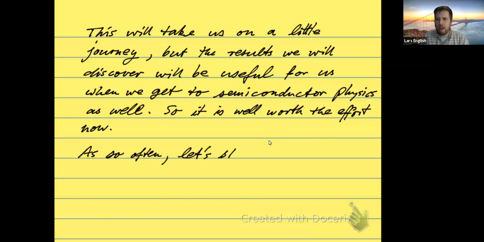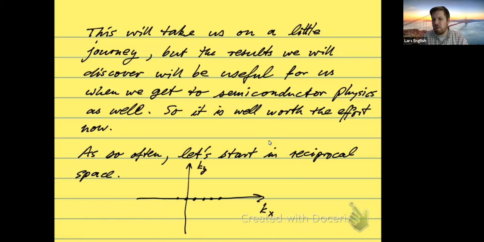So as so often, we start our discussion in reciprocal space, right? Here I'm drawing the two axes, and I'm drawing basically the allowed states as dots. These are very finely spaced states.